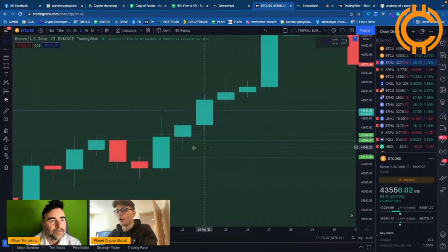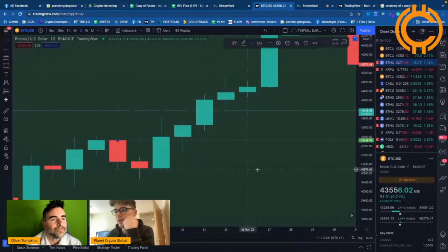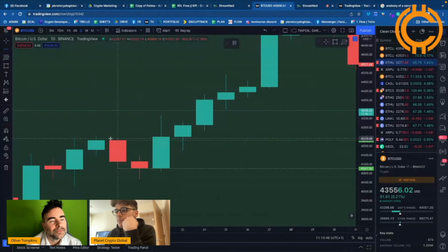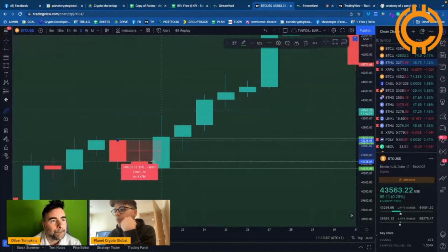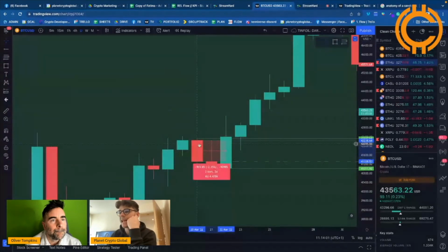Now, if we then go on to the next candle, we can see that the candle body opened here at 42,248. The lowest point within that period was 41,011. The highest point within that period was 42,330, and the price closed at 41,318, which was, from the point of opening, a decrease of 2.15% in that particular daily candle.